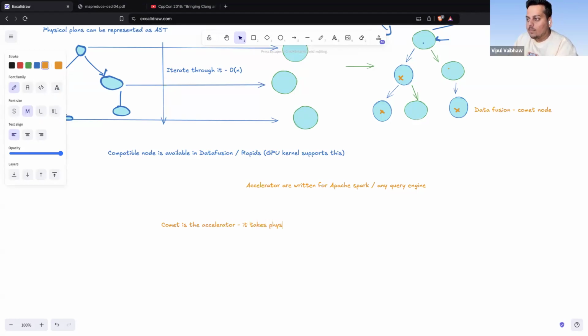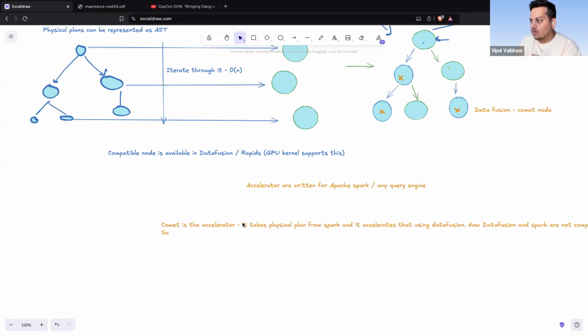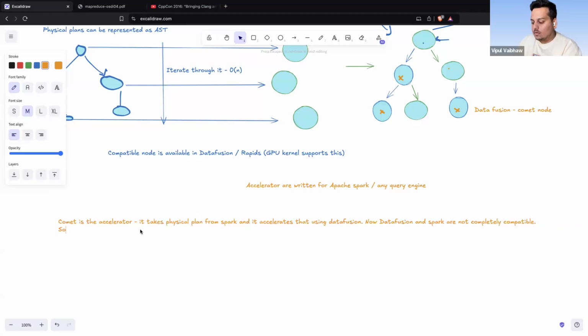It takes the physical plan from Spark and accelerates that using DataFusion. Now, DataFusion and Spark are not completely compatible, so Comet has implemented a lot of bridges.